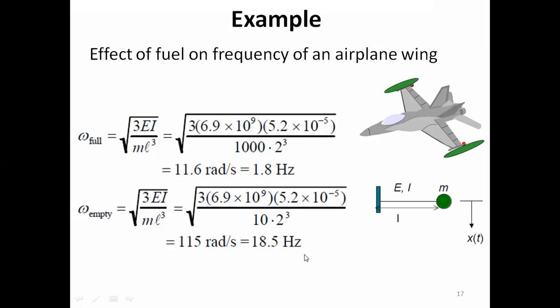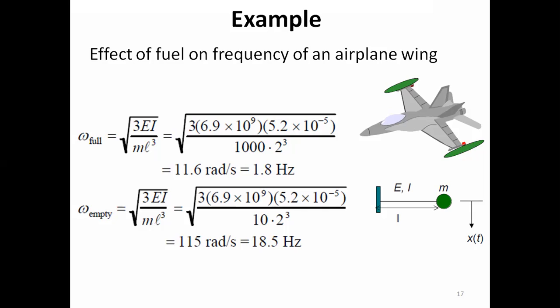So theoretically, very easily we have calculated the natural frequency of the wing, which depends upon the mass of the fuel, and it ranges from 1.8 hertz to 18.5 hertz. And this is the beauty of the modeling and analysis, that for a very complicated system, a real system, a continuous system, very easily we have found out the natural frequency.